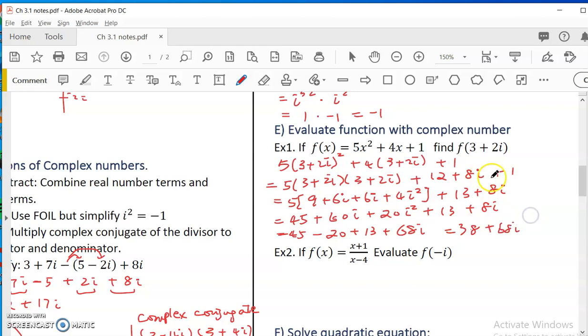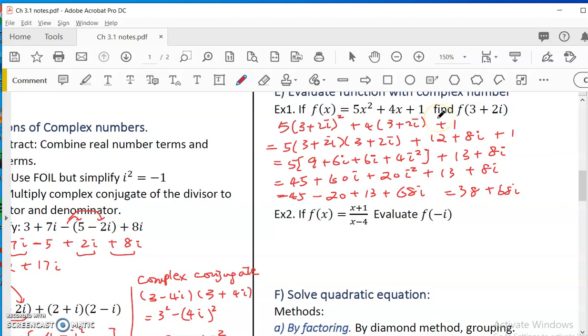So that's how we do it. It's just a matter of doing some arithmetic with i.